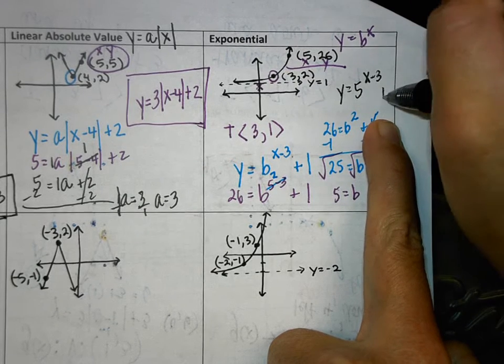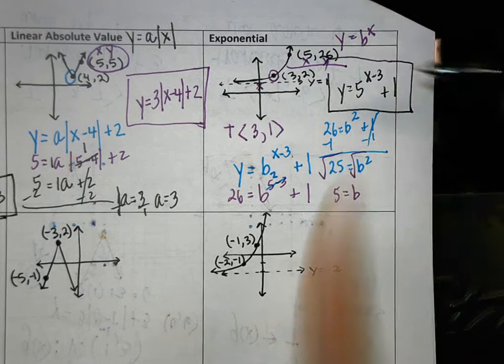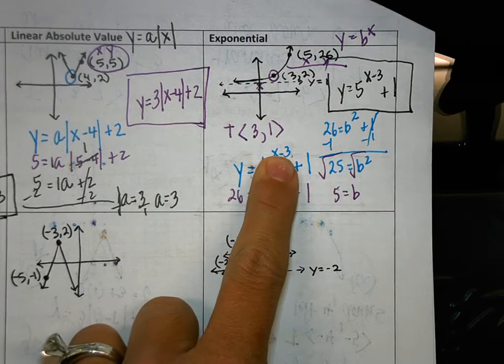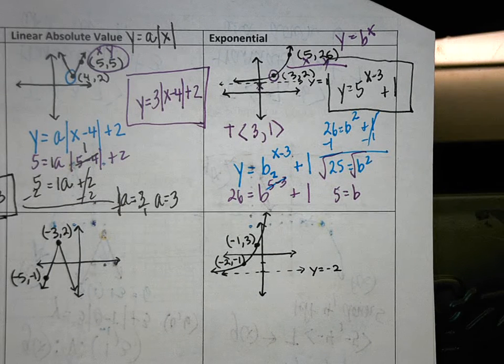Good. Perfect. So y equals, so we have our base 5 to the x minus 3 power plus 1. And that is my exponential equation. Okay, questions?